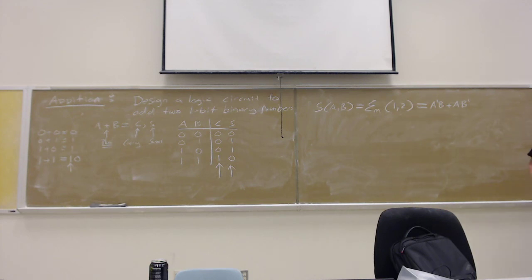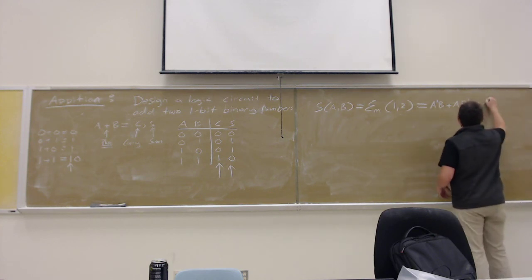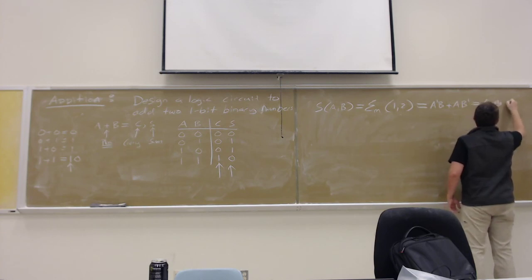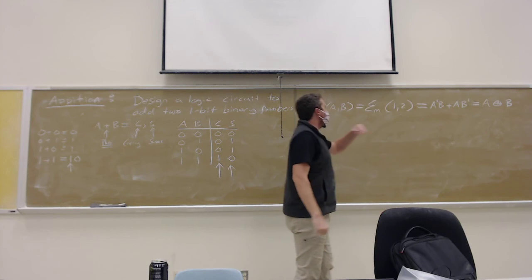Now we can simplify it more by being fancy. What is this operation? A prime and B, or A and B prime. XOR? It's XOR, absolutely. So this is equal to A exclusive OR B. And that's our summing circuit.